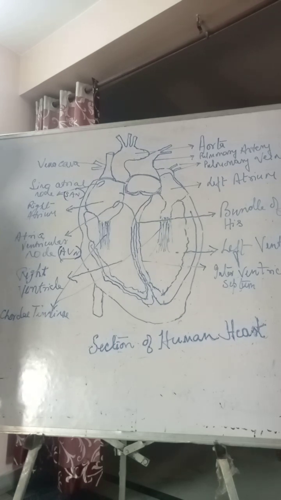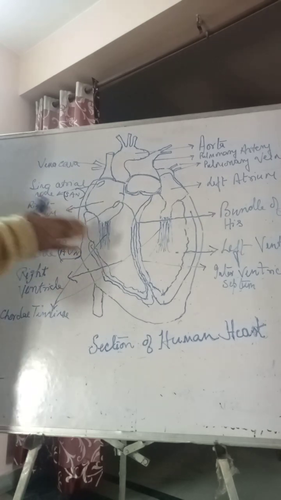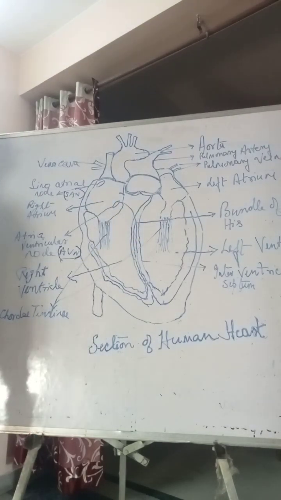And now when joint systole is there, I am repeating, joint systole in the ventricles, then the pressure will increase inside the ventricles, okay?